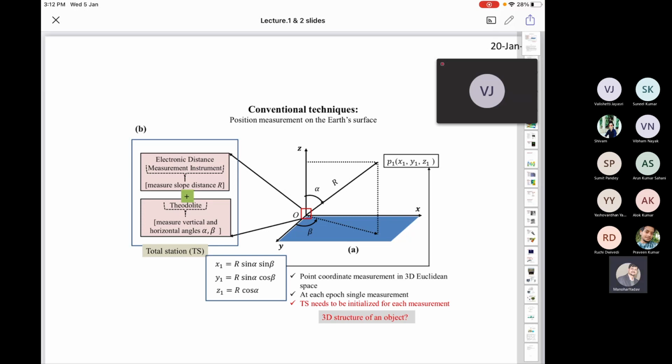If you do this analysis over here, if you place the EDMI instrument at origin O and you initialize it, the first laser beam is fired. Okay, it goes to the point P1, that is a target point, and it is further reflected back to the source from where the laser beam is fired.